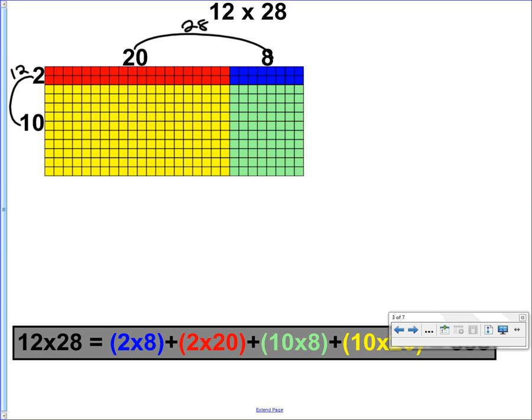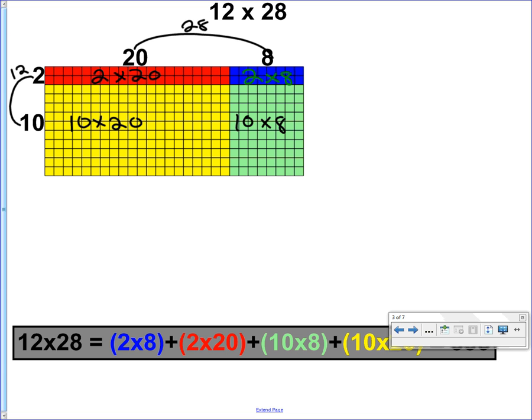Let's go back to green. 2 times 8. 2 times 20. I really don't like writing green on red. I can't see it. 2 times 20. And this one right here would be 10 times 20. And this one would be 10 times 8.